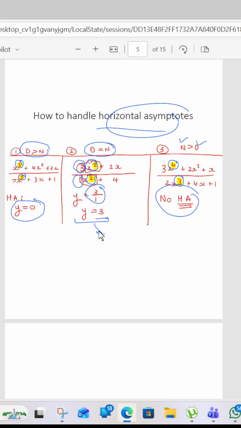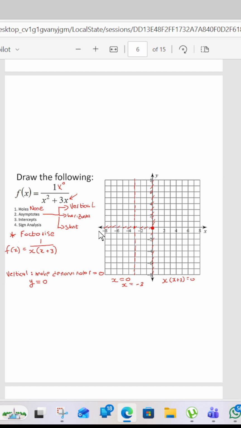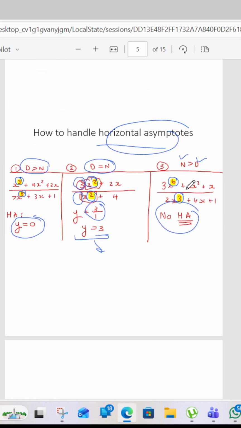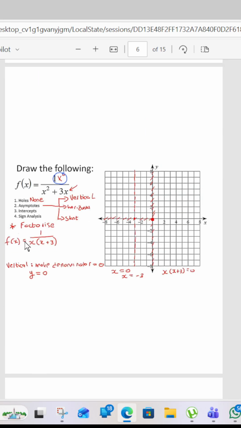Now in our rational function, in the numerator we don't have anything, let's say we have x to the power 0. So basically the numerator here is less than the denominator, right? When the numerator is less than the denominator, the horizontal asymptote is y equals 0.